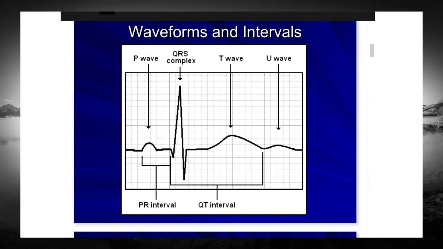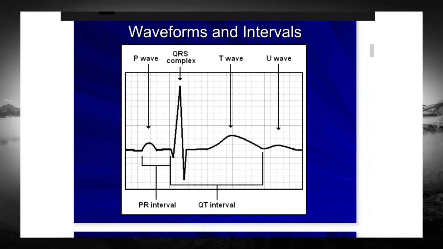Our X axis is going to be our time, so it's going to be duration. This is the amount of time it is taking for these things to take place. And these intervals are important because when these intervals are abnormal, that is telling us what is taking place. And because we are able to understand why these things are taking place, it helps us to understand what will then take place with the heart.